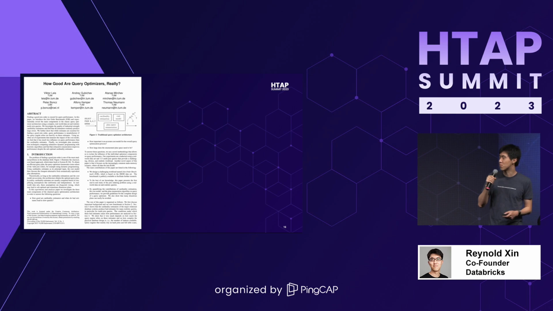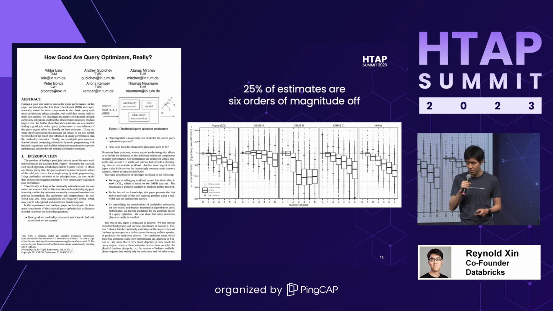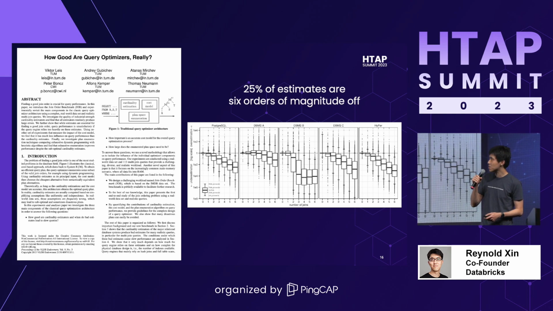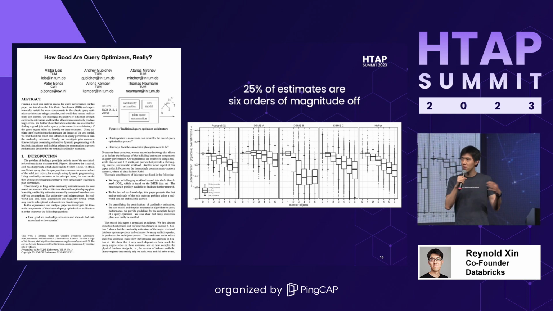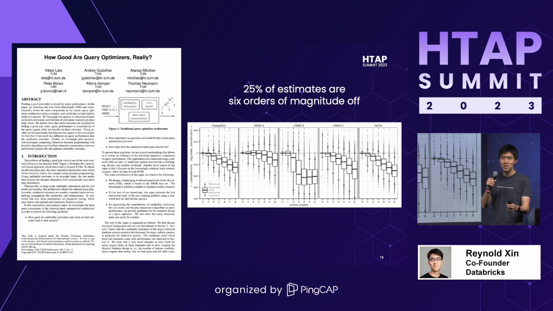So about 5 years ago, there was a paper published by the team from TU Munich. Actually, we just met Viktor yesterday. In this paper, they studied, out of all the commercial and open source databases, how good their optimizers are. How often can they generate the right plans, and how wrong are they usually? There's a lot of data in this paper, and I encourage you to check it out.